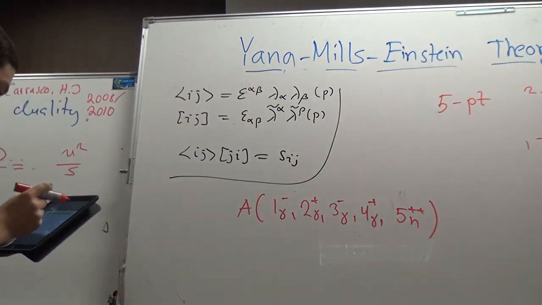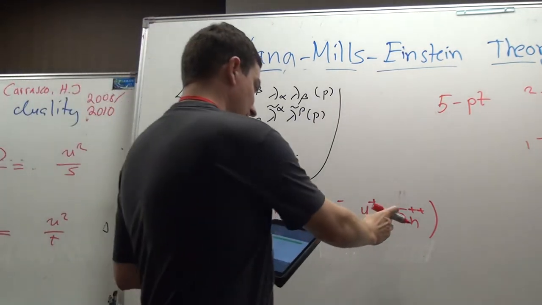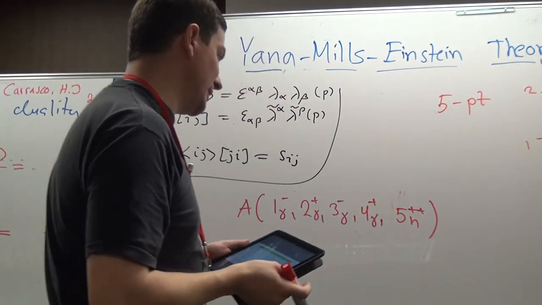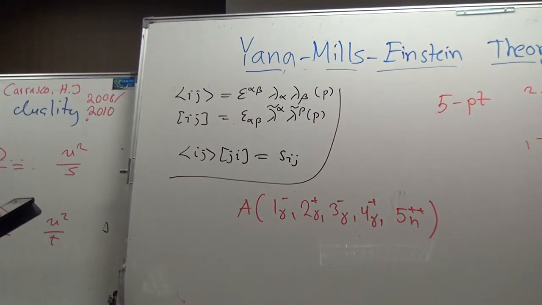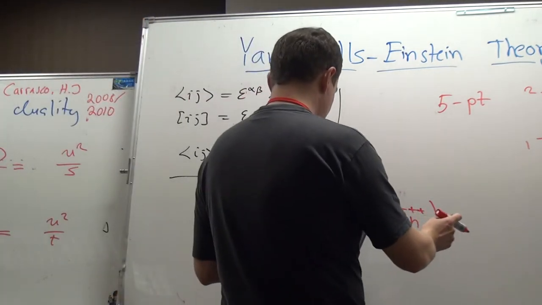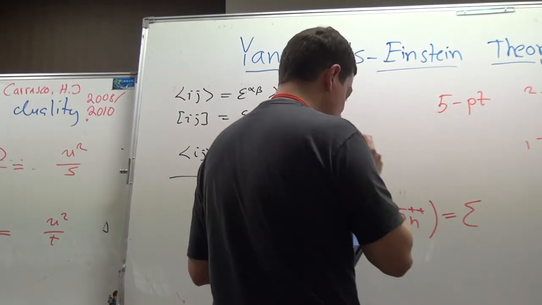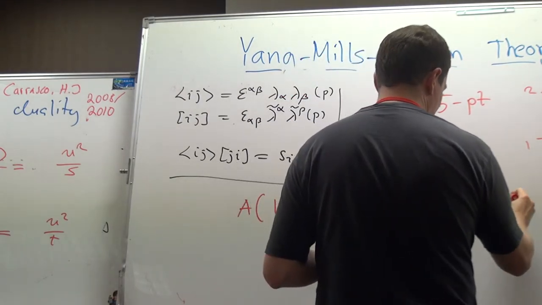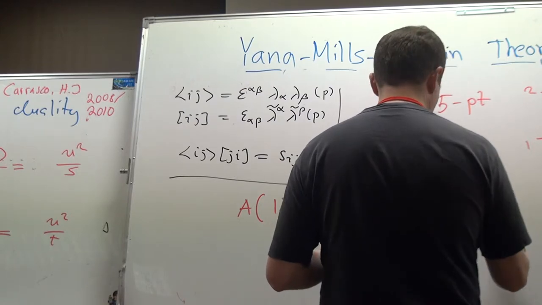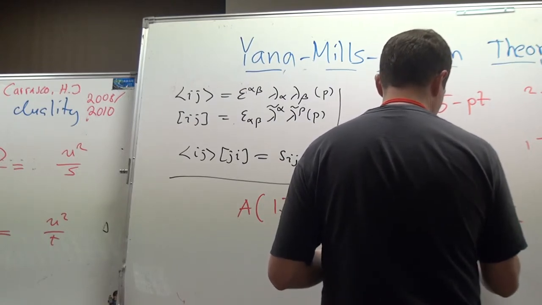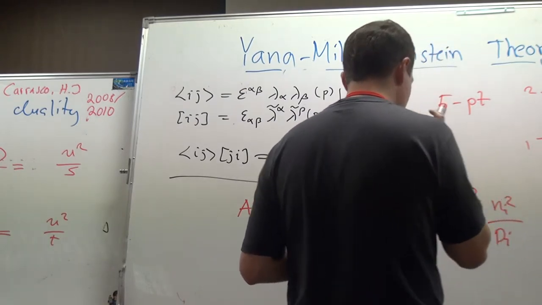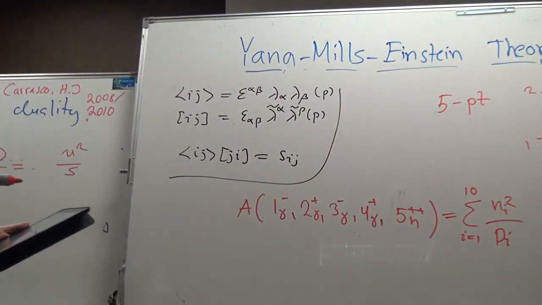Could be denoted like this. And in particular, in this case, I picked the particular helicity for the graviton. And this is going to be a sum over these 10 diagrams, as I said. So this is just going to be Ni squared over Di from 1 to 10. But all the diagrams contribute.